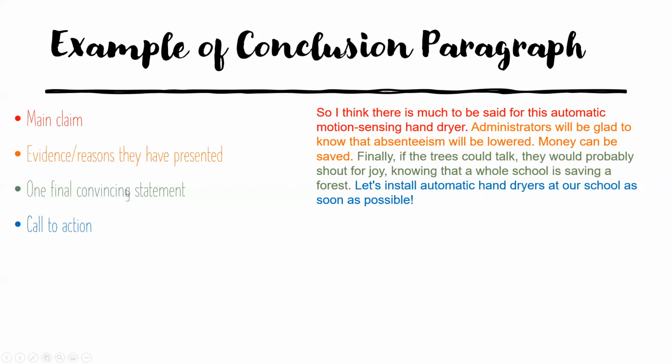And their final convincing statement is, finally, if the trees could talk, because you have to make paper towels from trees, they would probably shout for joy, knowing that a whole school is saving a forest. And their call to action is, let's install automatic hand dryers at our school as soon as possible. So this is a great example of a conclusion paragraph. This is something that I want you to look at and maybe use as an example that you can do.